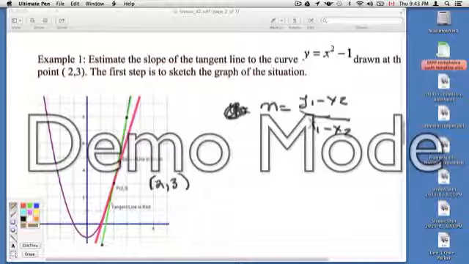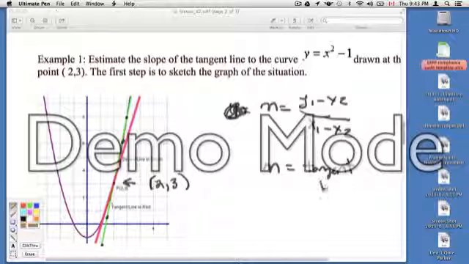So we could use the slope formula to estimate the slope, and the idea is that as we let these points get closer and closer and closer to my point 2, 3, the slope is going to be really, really close to the slope of the tangent line.